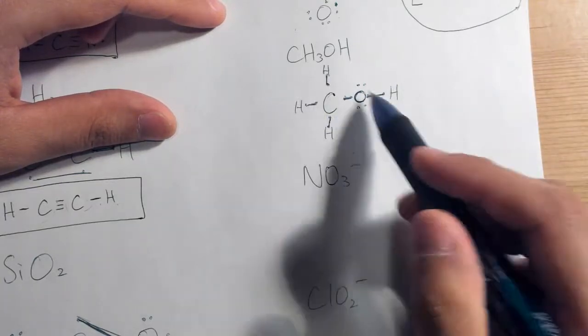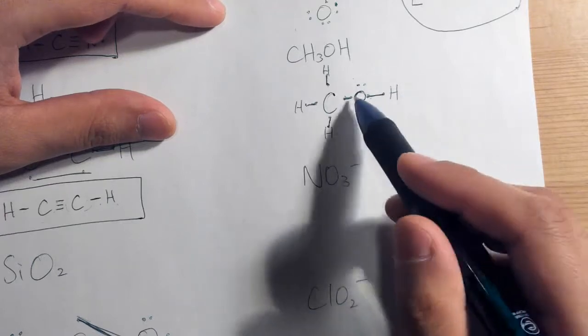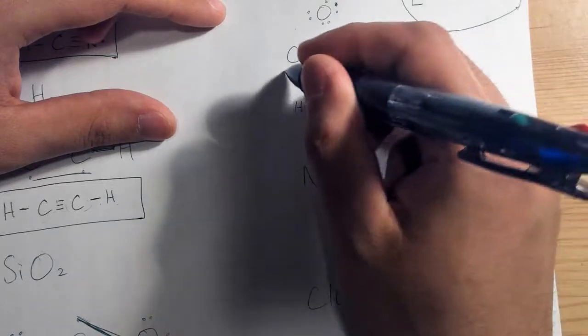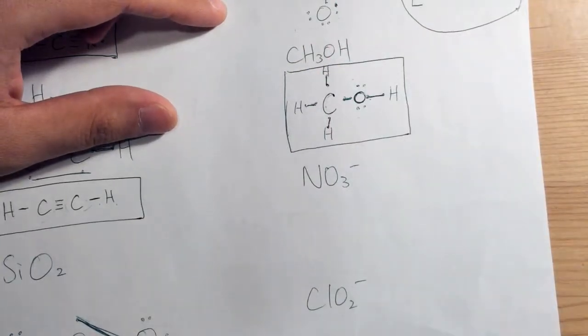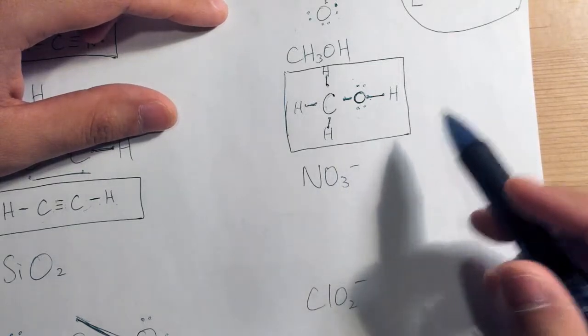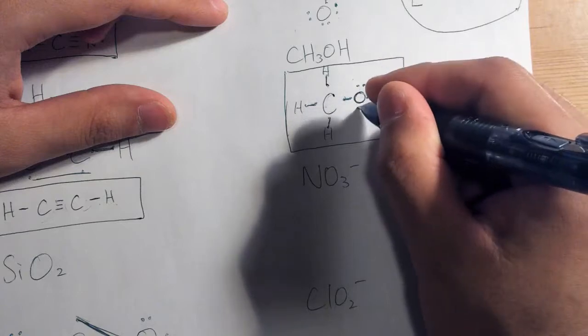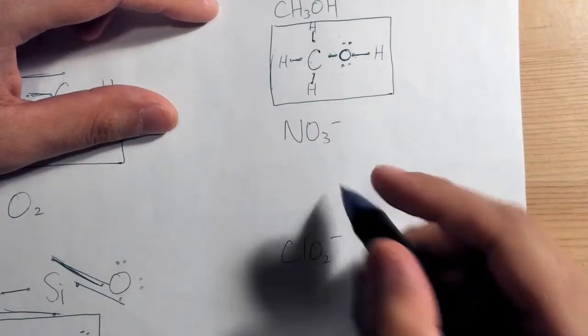So this actually fulfills the octet rule and also gives you a hydroxide that is being connected with carbon. So this is the actual figure of the Lewis dot structure of CH3OH. Alright, if it's confusing, just feel free to ask in the comments or during class.